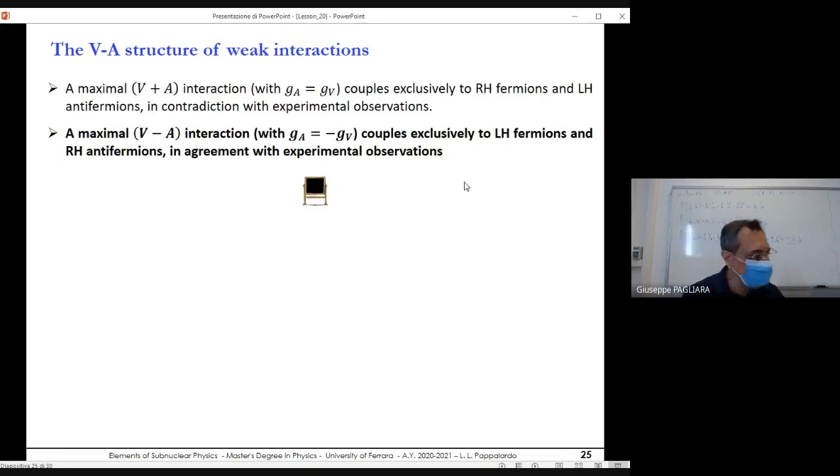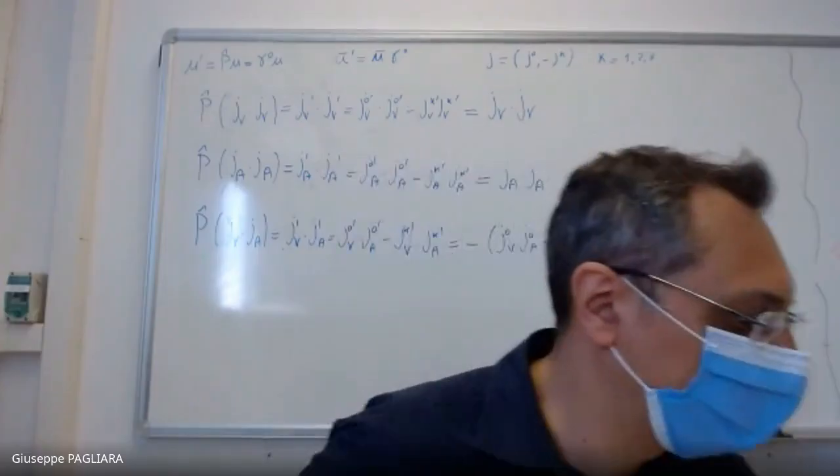Let's do this. So vector minus axial vector means that GA is equal to minus GV.